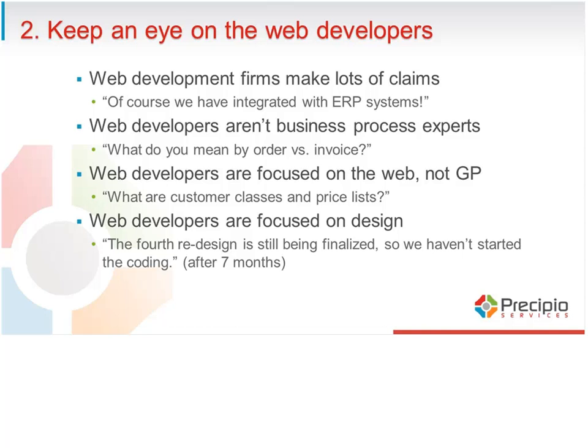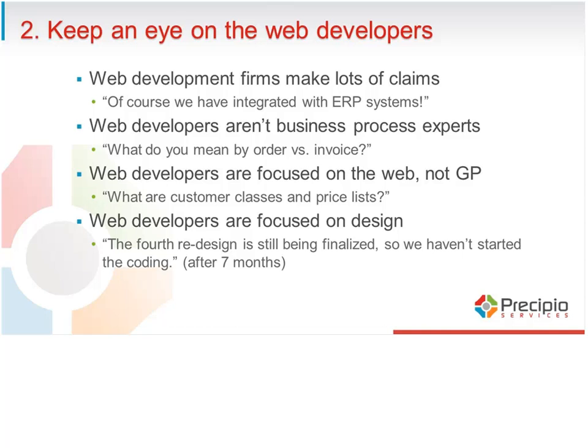Well, each ERP system is different, and no matter how many times they've integrated with other systems, Dynamics GP is a slightly different architecture, a different data model, and it's going to present entirely new challenges that prior experience with other systems may not resolve. So just be wary of that, and unless it is a dedicated GP solution, or unless they have specifically integrated with GP multiple times and you have those team members on your team, you can't necessarily rely upon that.